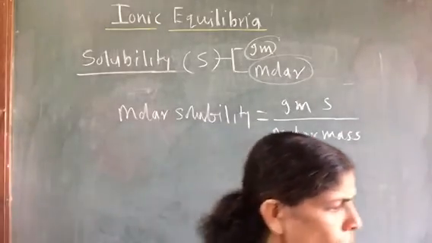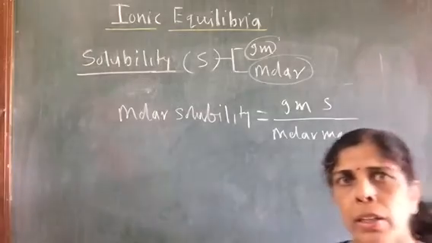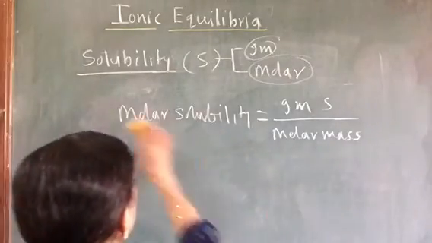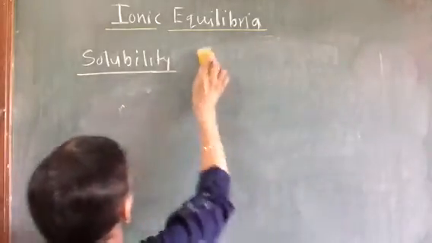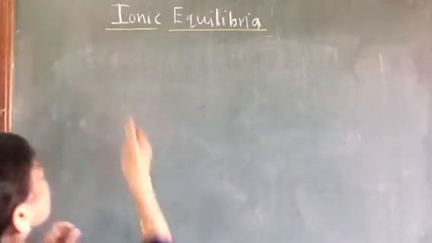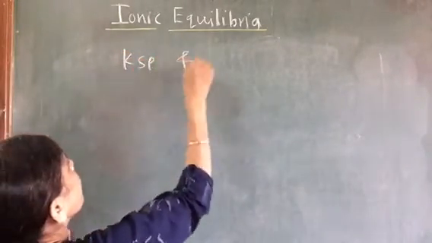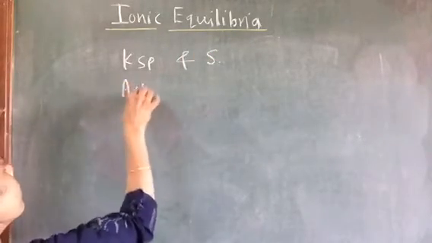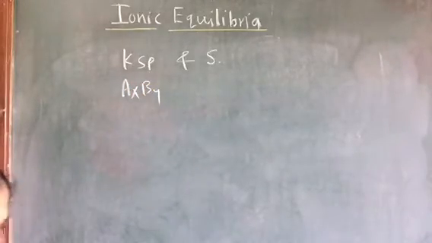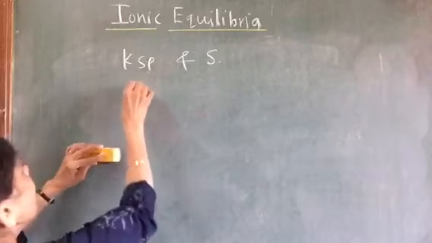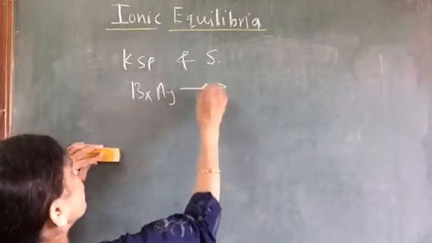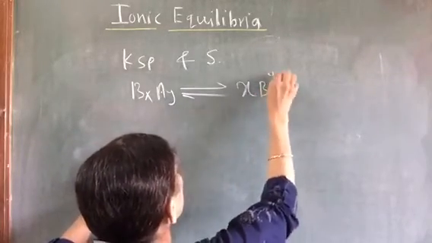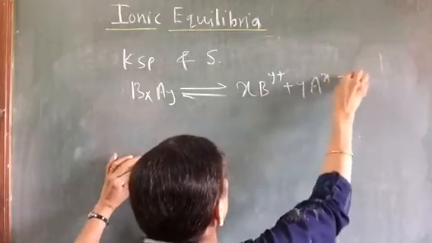Now, what is the relationship between molar solubility, solubility product and solubility, that we will see. What is the relationship between solubility product and solubility, KSP and S? For that, again take a general salt BxAy, which will dissociate to form x B^y+ plus y A^x-.